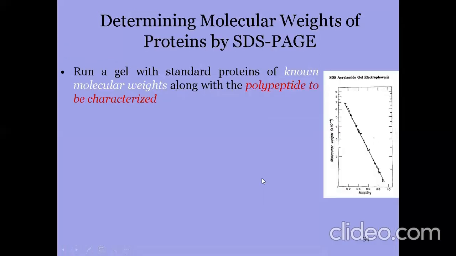And next is determining molecular weights of proteins by SDS-PAGE. If we have SDS-PAGE, we can determine the molecular weights of the protein. So run a gel on a standard protein of known molecular weights along with the peptide to be characterized. We already have talked about this.